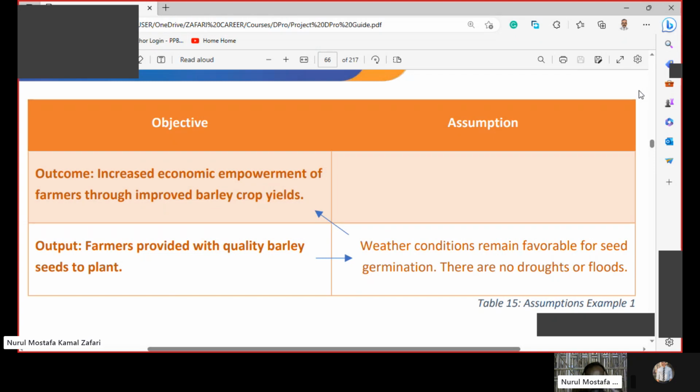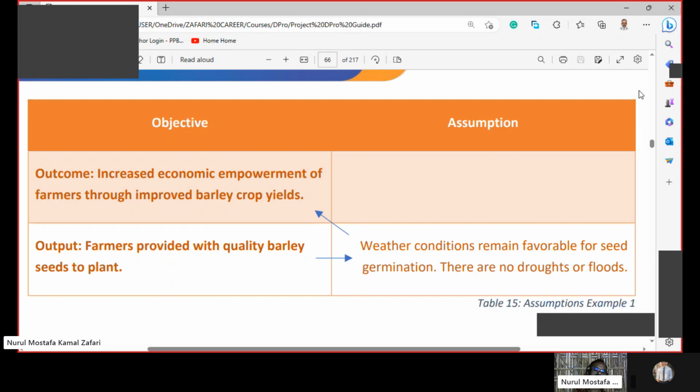So the assumption is weather conditions remain favorable for seed germination. There are no droughts or floods. Because suppose the barley seeds have been distributed, but there is a drought or a flash flood. So the barley seeds cannot germinate, or if they germinate, they will wash away, or they will be dried.